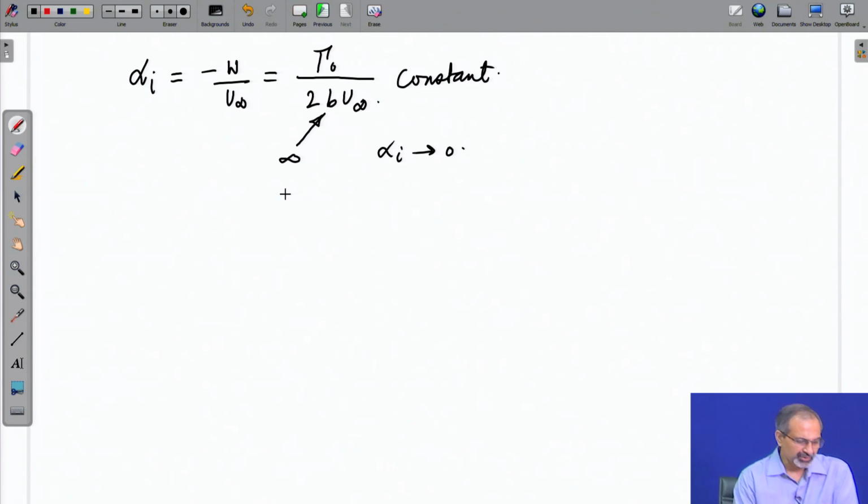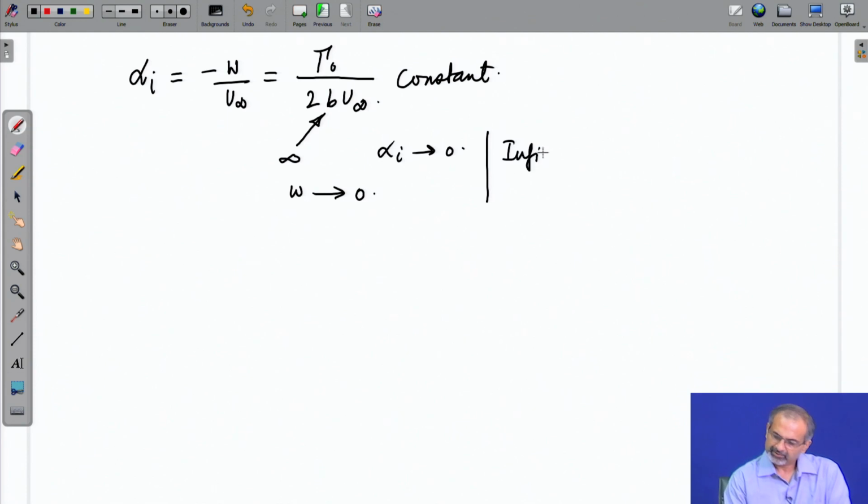Also, if you were to look at the w expression, there is a b in the denominator. So, the w will also tend to 0. There is no downwash. That means, the induced drag effect will go away completely for infinite wingspan. That means, when you look at aerodynamic efficiency, the most efficient one is the infinite one, but in the real world we cannot use that.